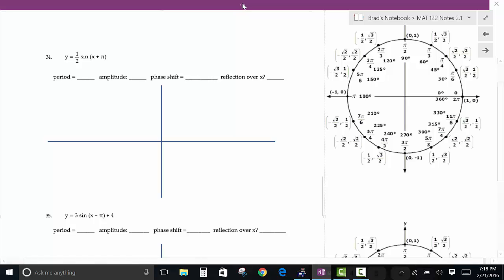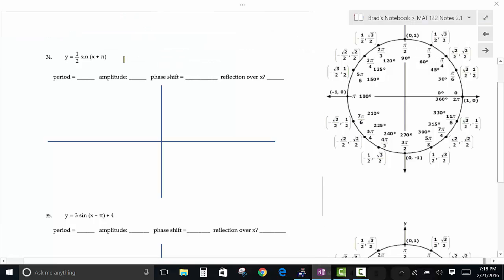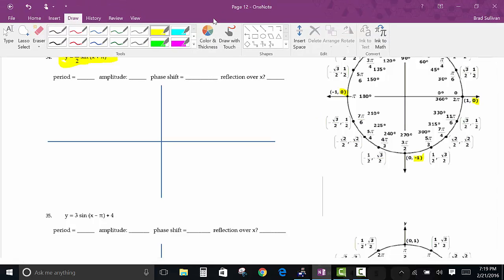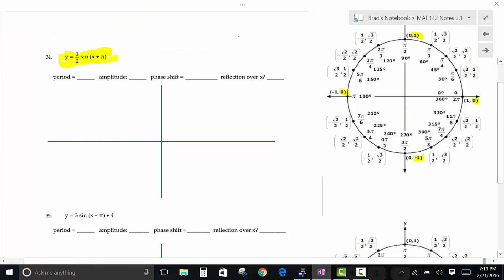So this time, what we're going to be doing is a sine. And then we got a phase shift and we have an amplitude change on this. So since we're doing a sine, we're now focusing on the y values in the unit circle of these quadrantal angles. So let's begin by identifying whatever we need to identify here.